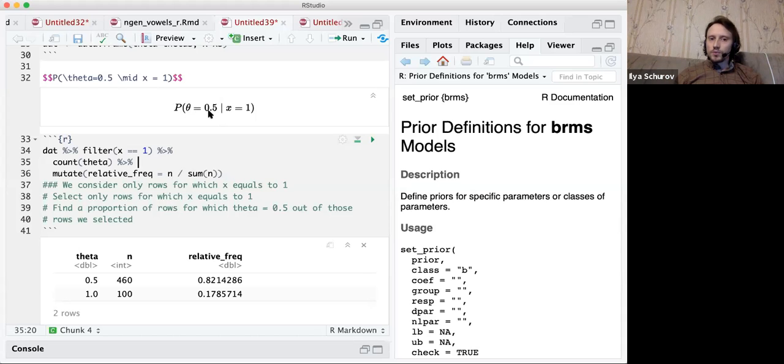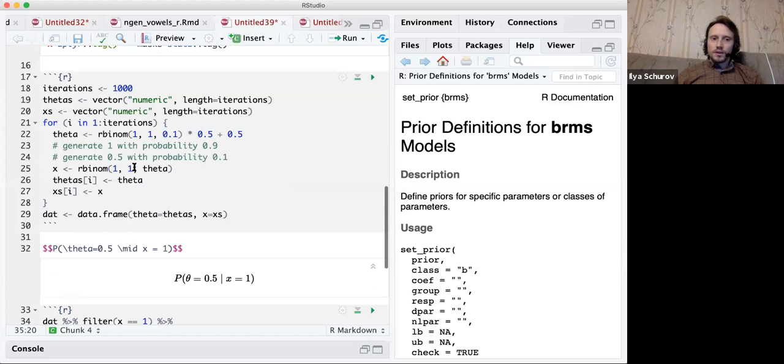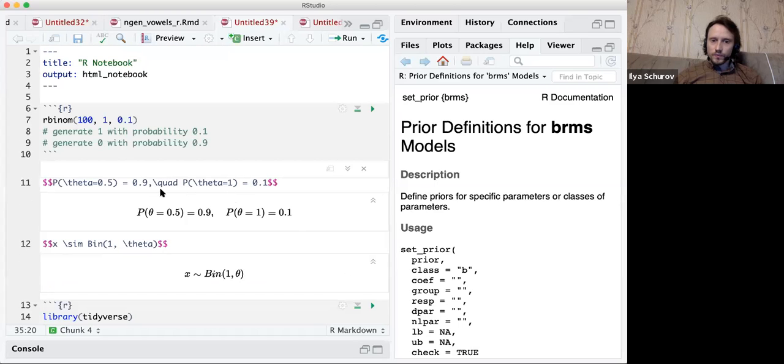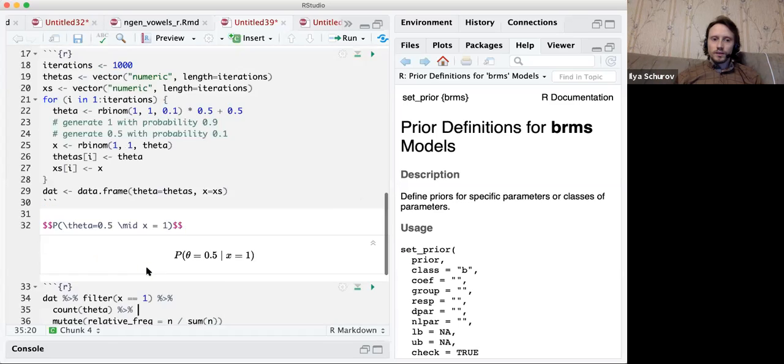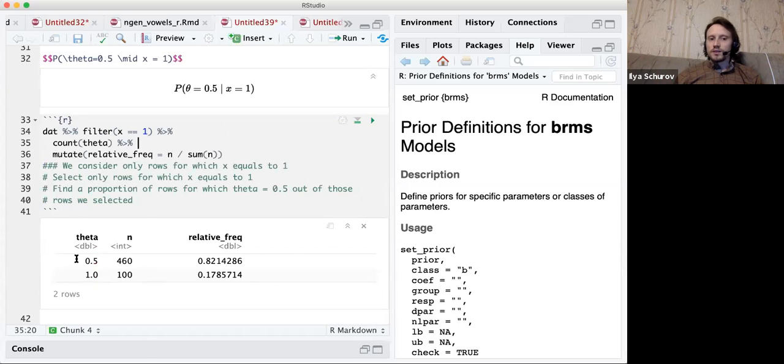After we impose priors on these parameters, we can look at the data and use this data to find posteriors, so to find a new distribution of the values of parameters. And basically this is done like this. This is a very simple example, but it shows how Bayesian methods work.